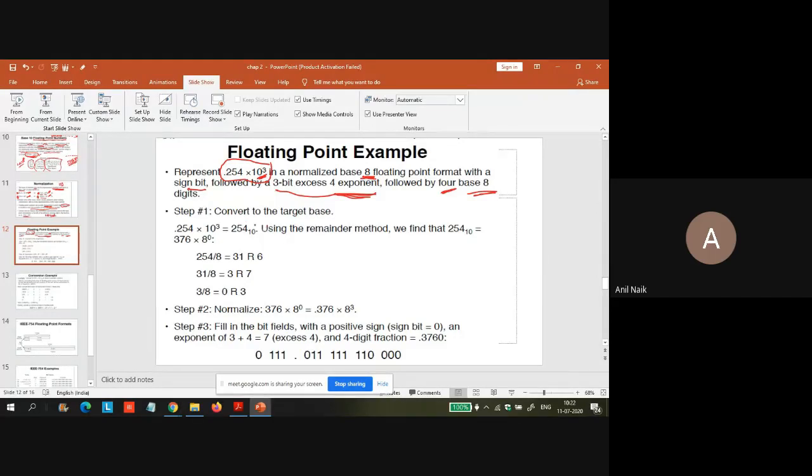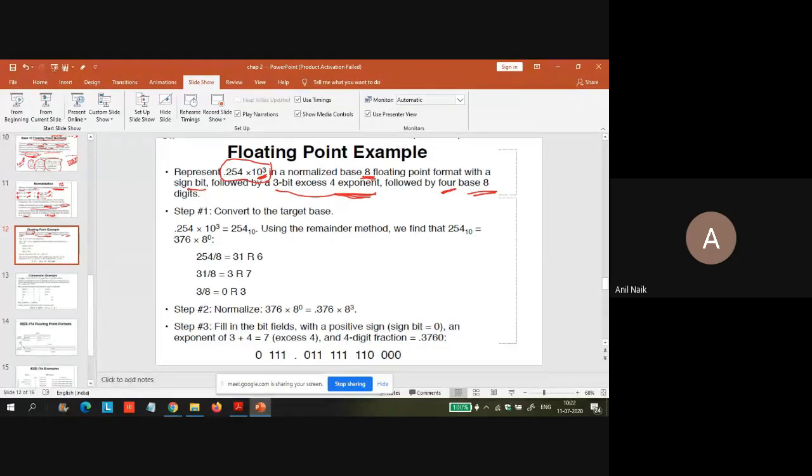What they are doing here is converting to the target base. The original is base 10: represent 0.254 times 10 raised to 3 in a normalized base 8 floating point format. Decimal means base 10, octal means base 8.